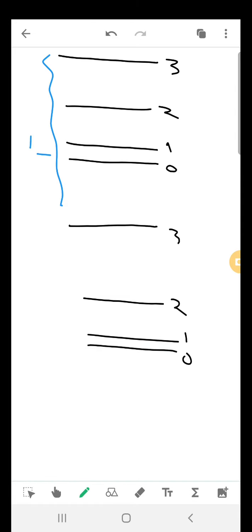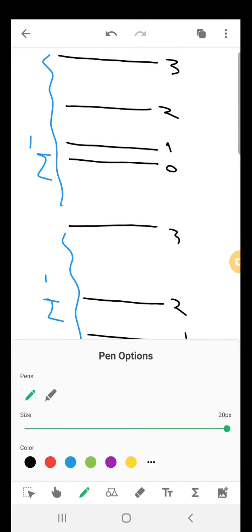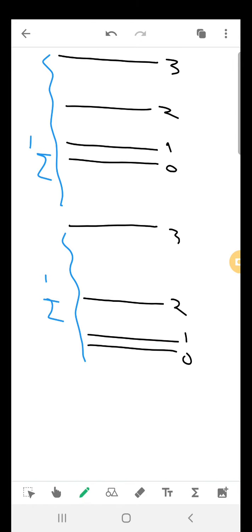This is one sigma state. This is another one sigma state. So transition takes place between the two. Take this one as J' and this one as J''. So here J'' should be one less than J'.